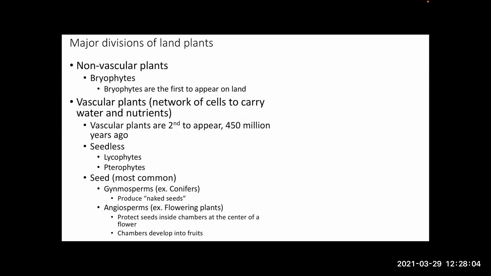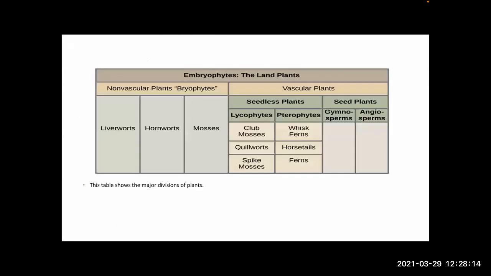But for this video, we're going to really focus on the bryophytes and the vascular seedless plants, which are the lycophytes and the pteridophytes. So here we have the land plants, all of the land plants and their major groupings.